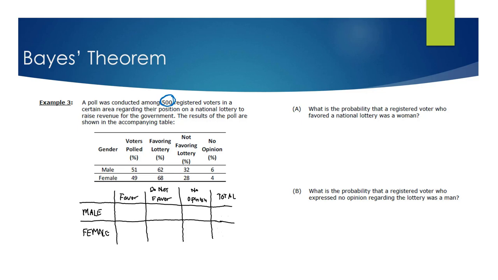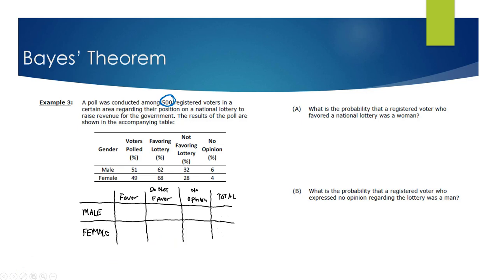I could try to set up a Venn diagram for this, but I would have too many partitions here for it to be practical. So I'm just going to use the table to do the partitioning, and I'm going to use the fact that there are 500 registered voters.